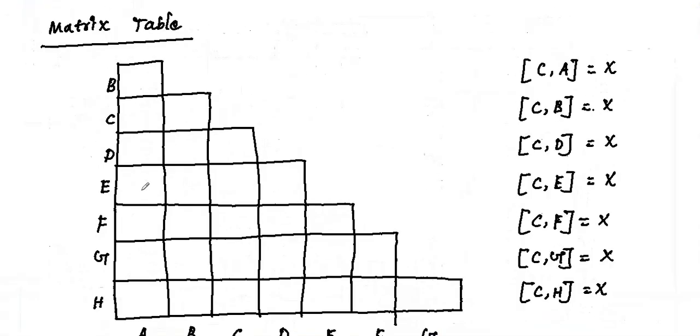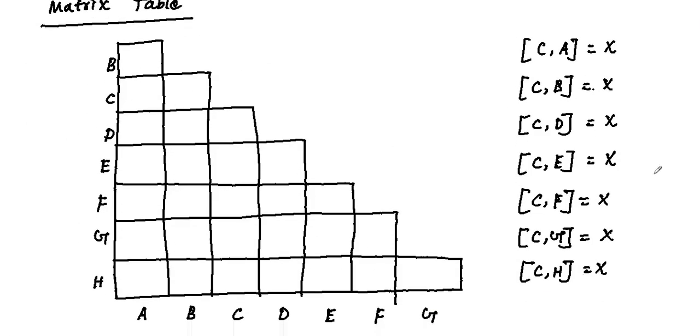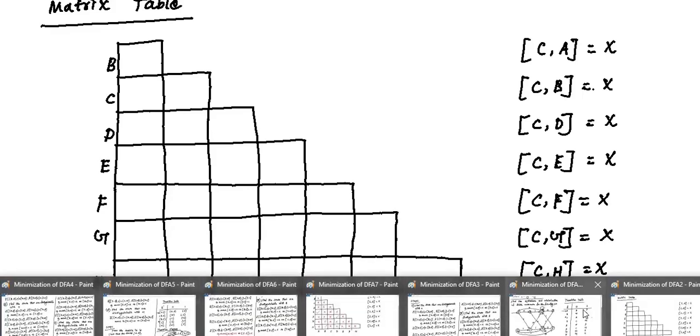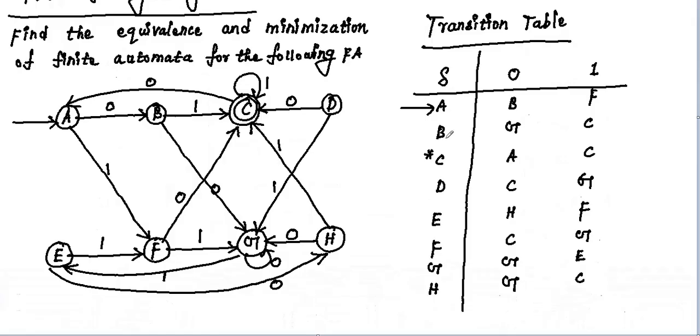In this matrix table, horizontally you have to start from A, B, C, D, E, F, G, and vertically start from B, C, D, E, F, G, H. In this transition table, we have states A, B, C, D, E, F, G, H. Take the pair with the final state and non-final state and put a cross mark.